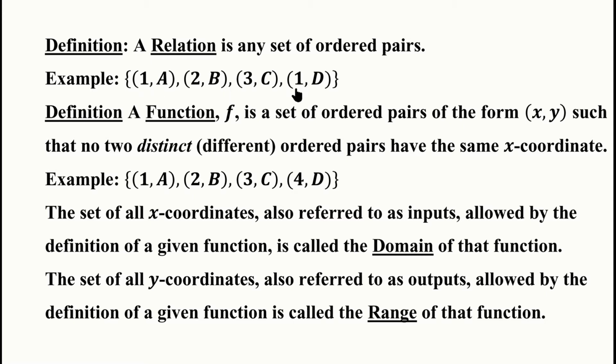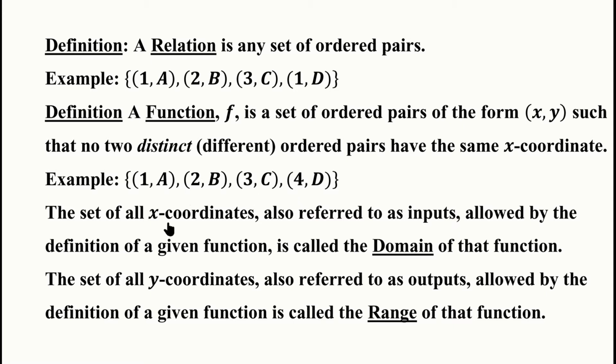So this would disqualify this relation from being a function. This one, however, which associates 1 with A, 2 with B, 3 with C, and 4 with D, would be sufficient to satisfy the requirements of a function. So this would be considered a function.